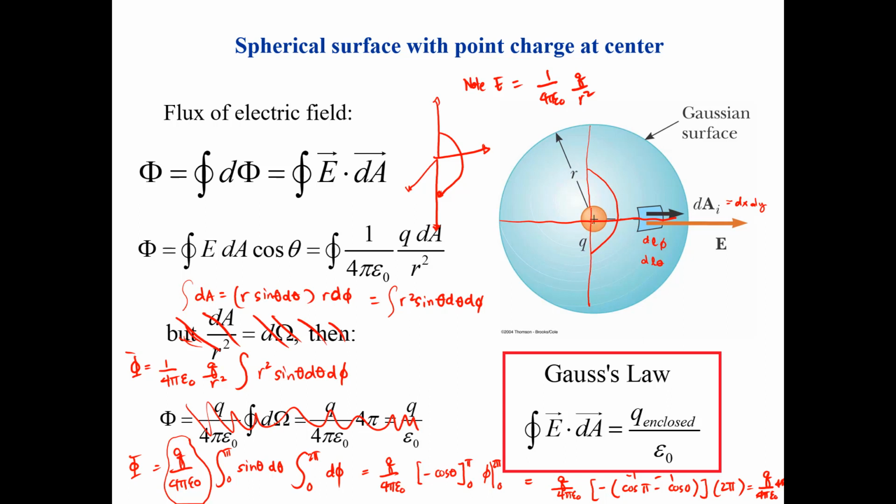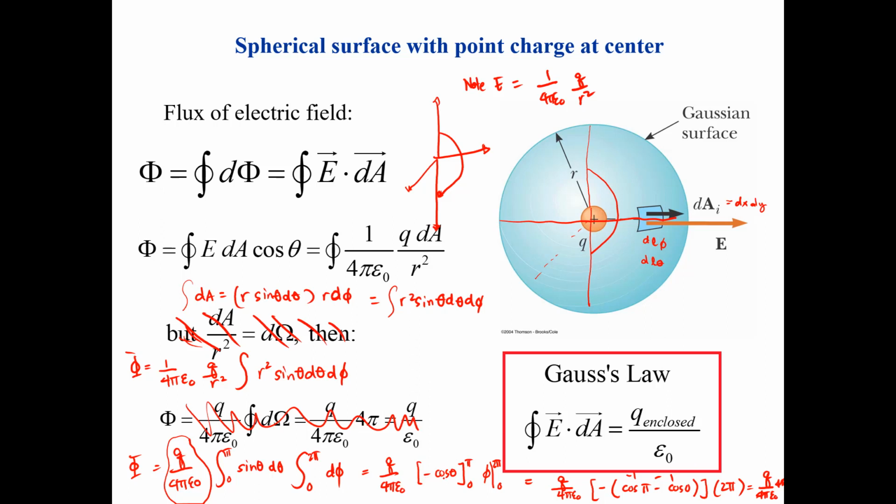And then your phi, class, rotates from the positive x-axis and goes back around. Okay? So it has limits 0 to 2 pi. Okay? So, I will just show this, class, although it is not necessary, but at least you know where the 4 pi r squared came from.